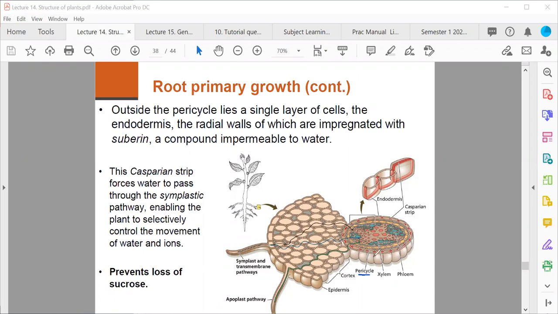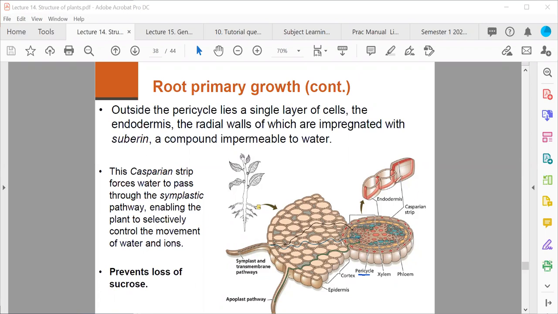And these are the cells of the endodermis. So let's expand 3 of these endodermal cells and look at them up here. And you can see that in red, this is representing where the radial walls are impregnated with that substance called suberin.